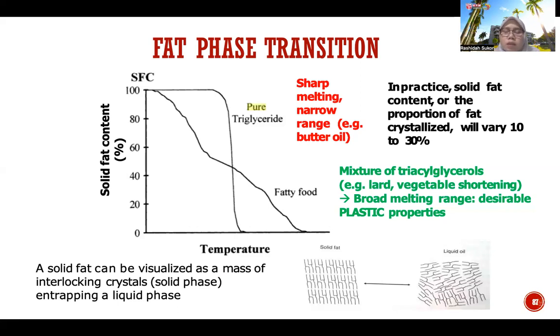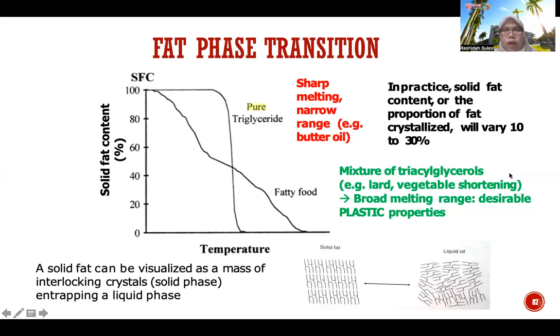This one is used a lot in making crust, like pie crust. Manufacturers use lard a lot, but for a halal setting, we use vegetable shortening. Of course, one is the vegetable source, one is the animal source.